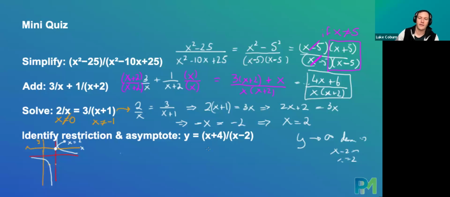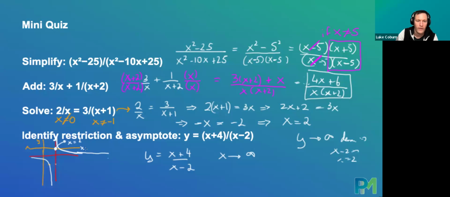What about the horizontal asymptote? So what we have to do is look at this fraction here, x plus 4 over x minus 2. And we have to think about what happens when x tends to infinity. As we go along the x-axis, we can see that this curve is getting closer and closer to the asymptote.